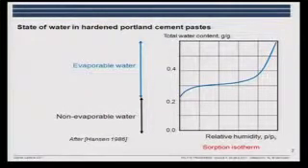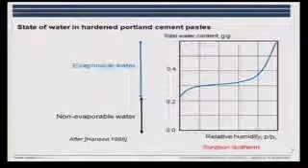So let's start. This is a sorption isotherm. Often you will not see it fully like this. We have the amount of water as a function of the relative humidity. That's a fingerprint of the porosity you're looking at.